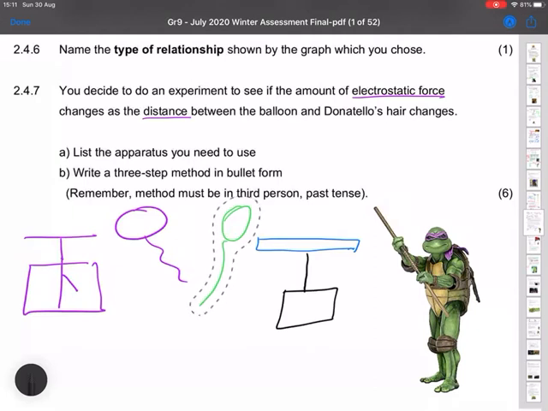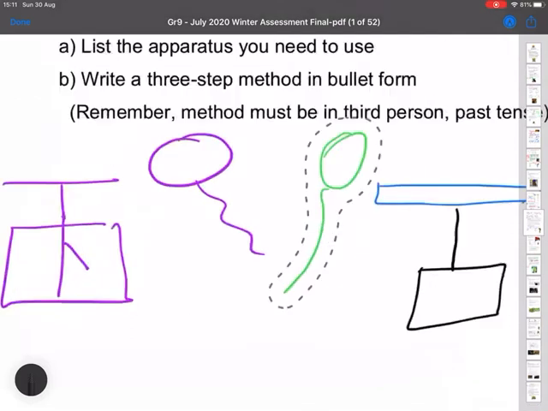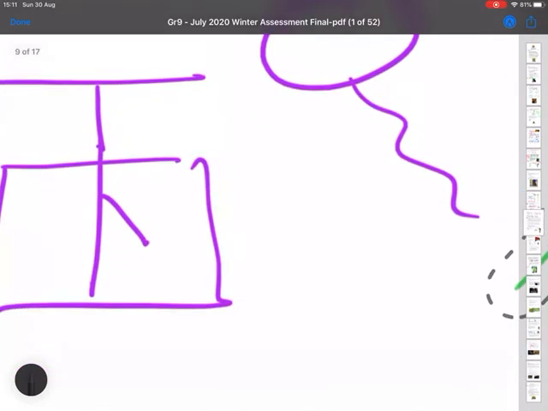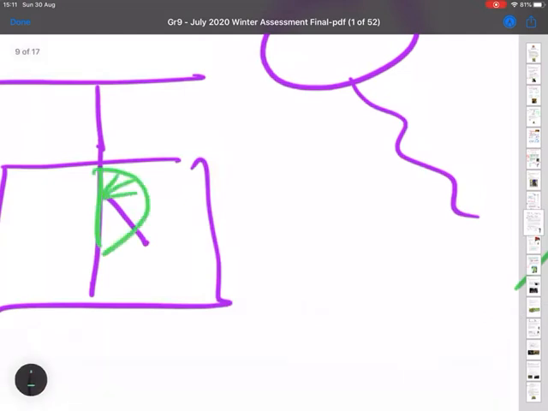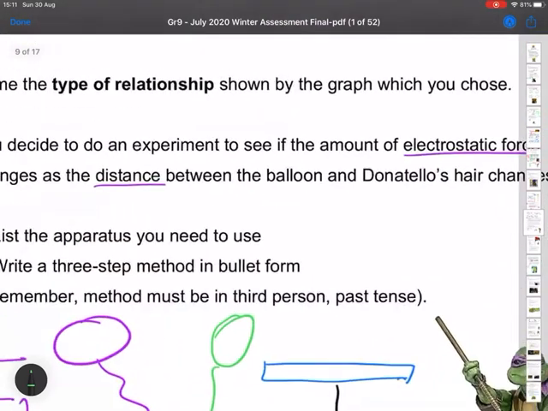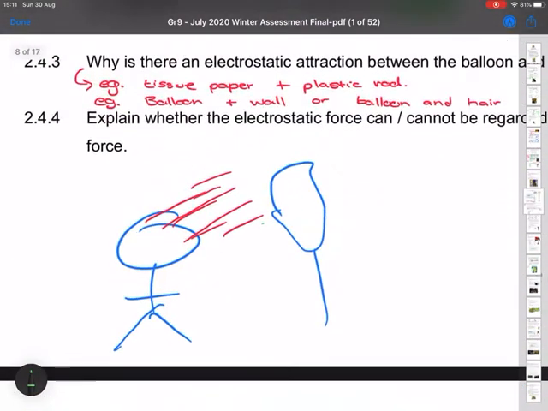You'd get marks for saying the pivot or electroscope, and what other materials you would use. If you were using the electroscope, you'd have to have the electroscope and the balloon. You'd also maybe need a protractor so that you could measure the angle that the gold leaf stands up by. You'd need a ruler to measure how much the hair lifts up by over here, for example.